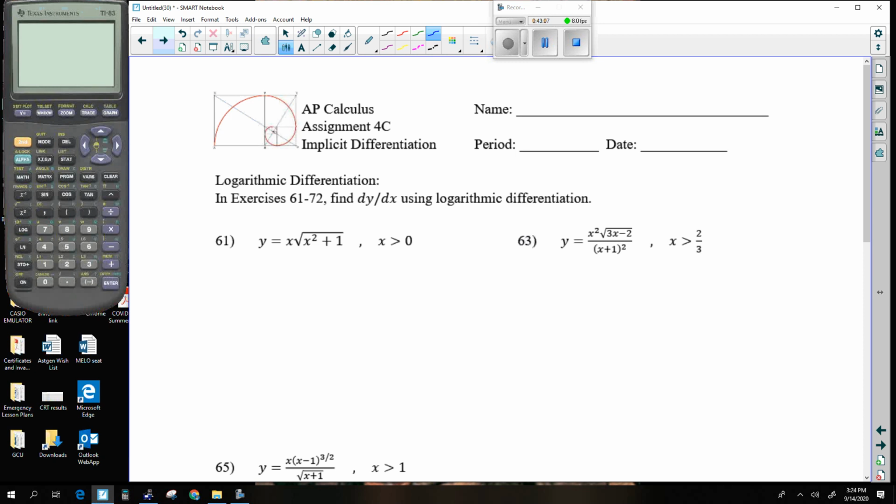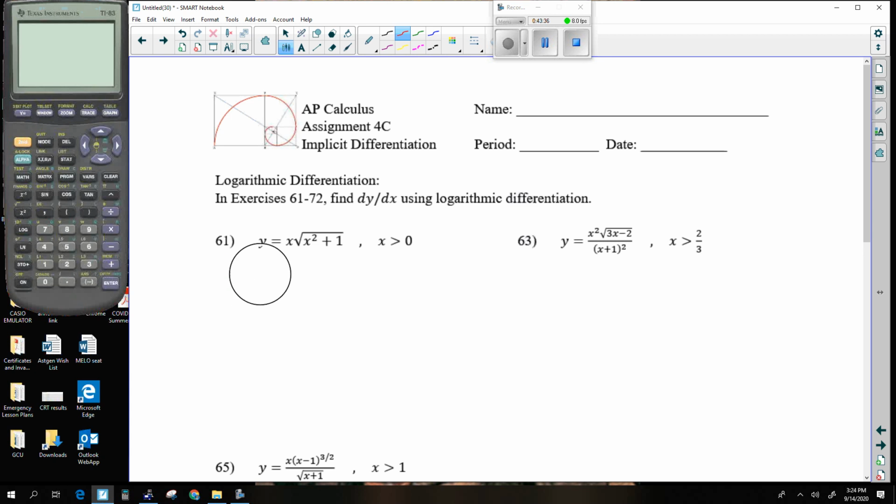I don't really know what logarithmic differentiation is. No idea. Here it is. So this is x times x squared plus 1 to the 1/2.